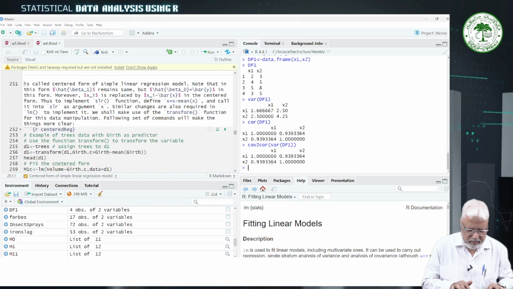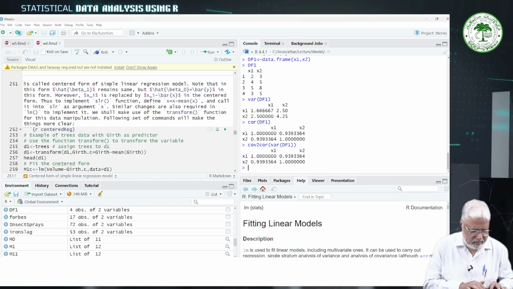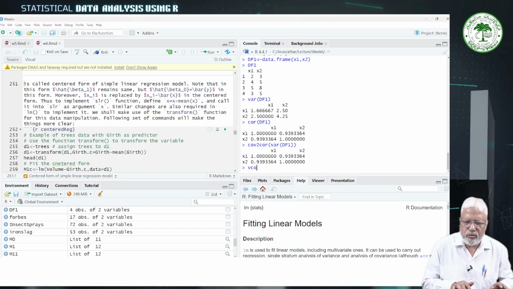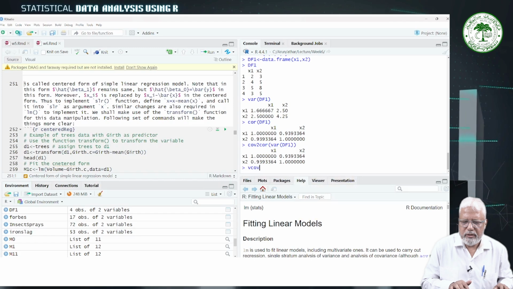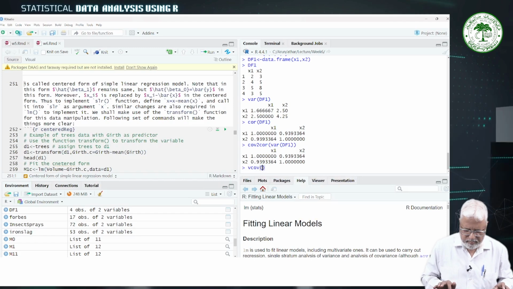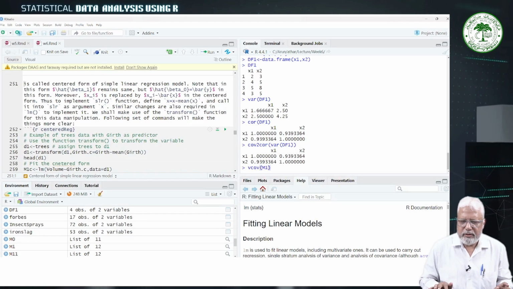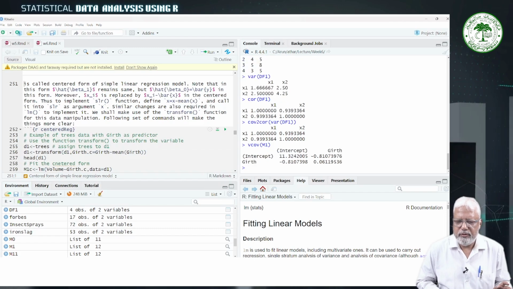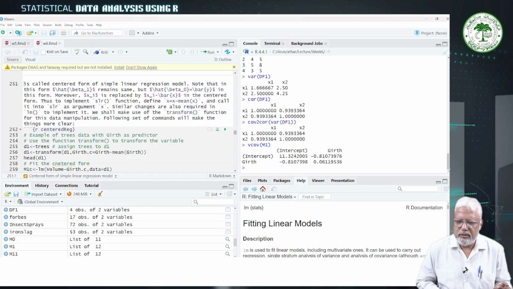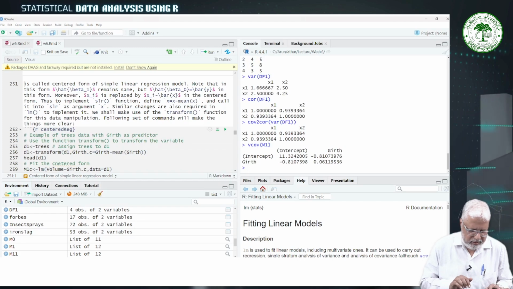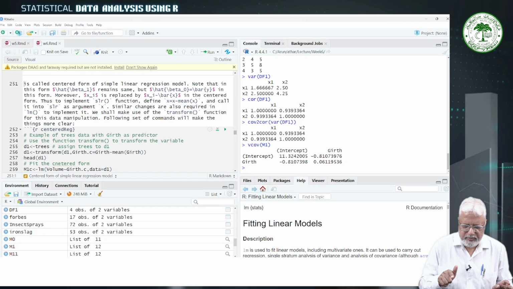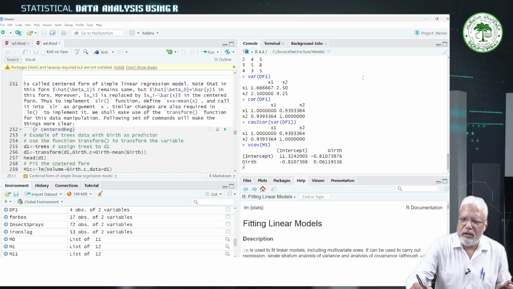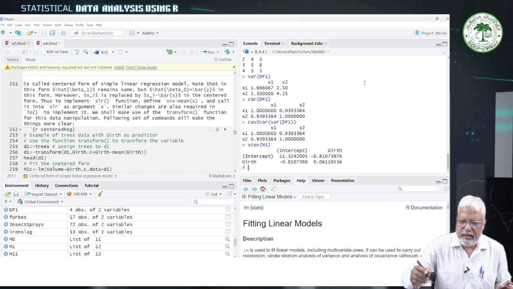It is vcov of M1, and it becomes this one, the variance covariance matrix of M1. I have already explained what vcov means, when we talk of beta hat.